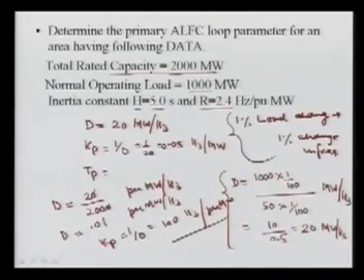Now we want to calculate the Tp, and as I said, this Tp we can define as twice H divided by F times D, here in per unit, that is per unit per hertz.